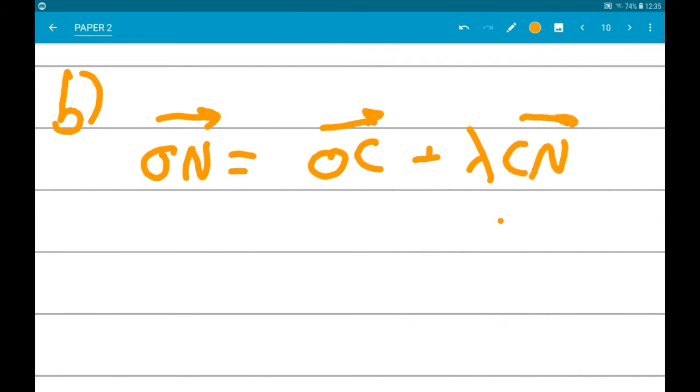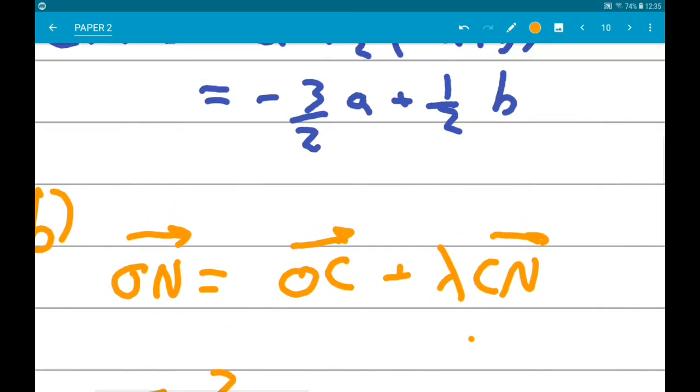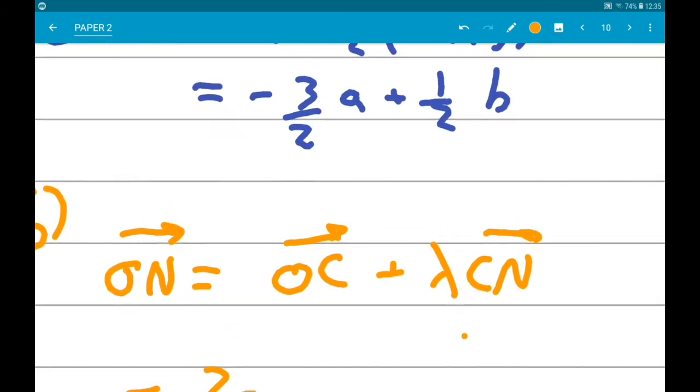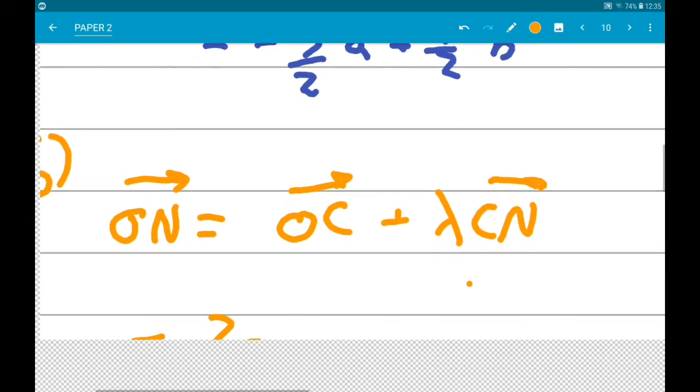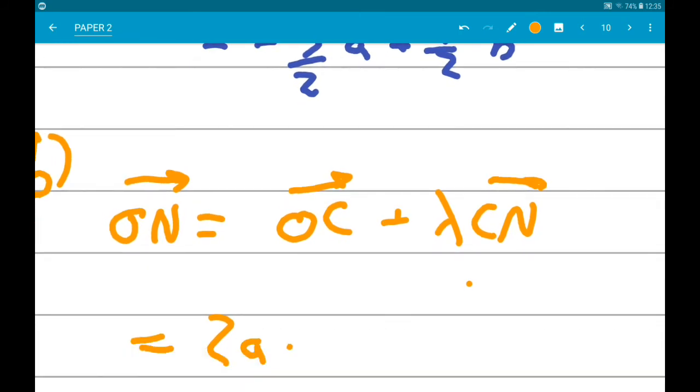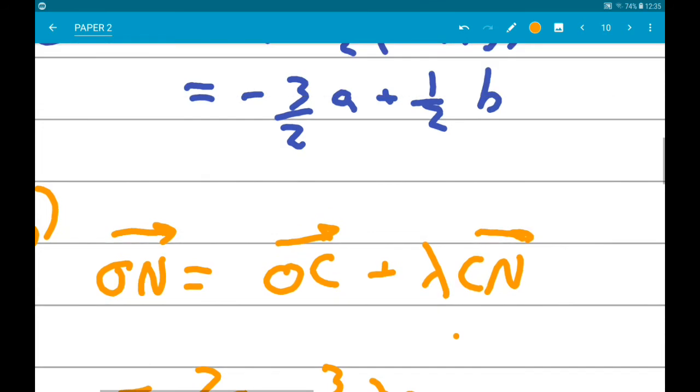So, that's 2a, and then minus 3/2 lambda a, and then plus 1/2 lambda b.